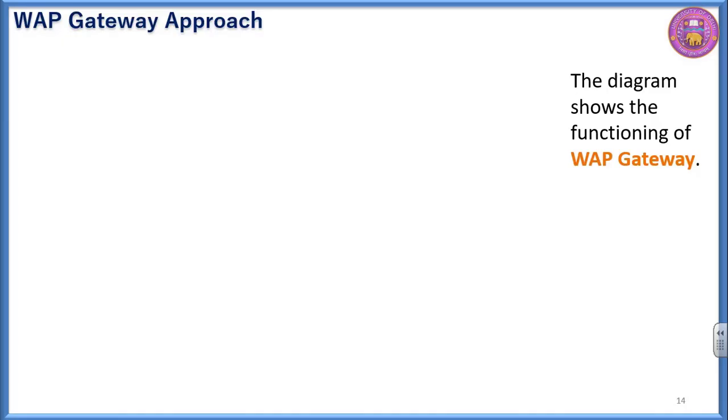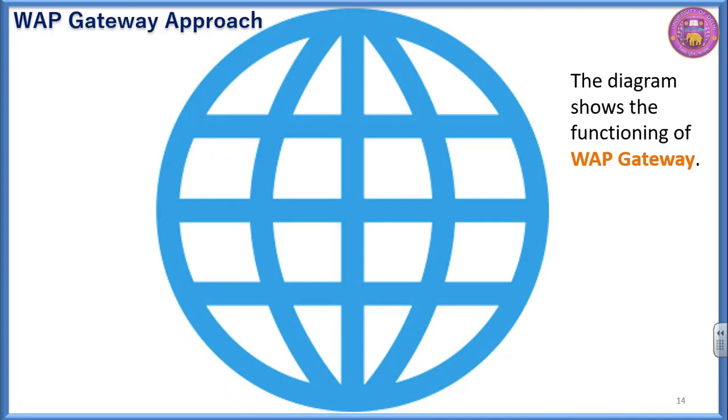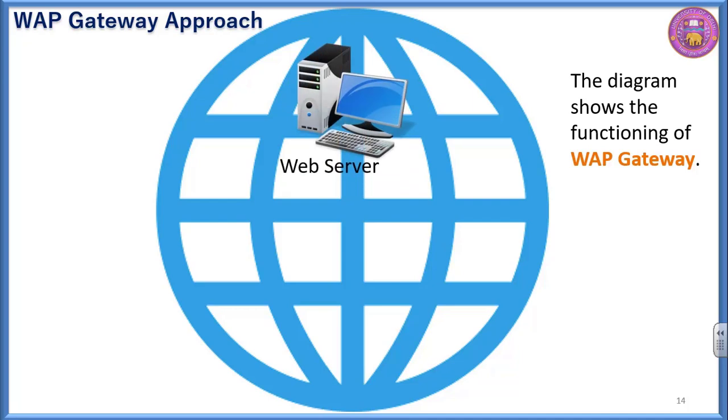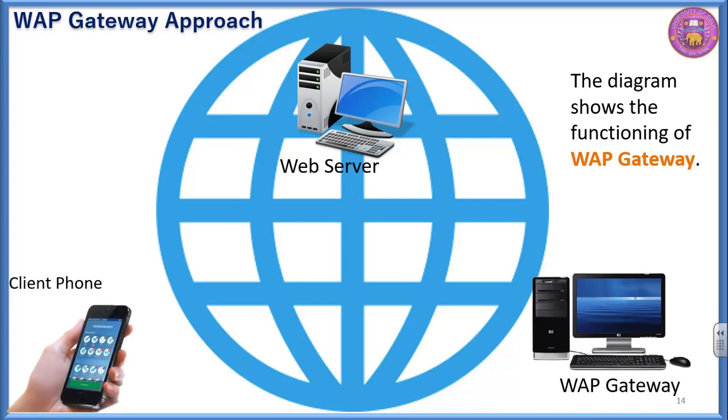Let us look at this particular example in the form of diagram. This diagram shows the functioning of WAP gateway. On the internet, a web server is connected, and we have another computer, that is WAP gateway. This is also connected to internet. On the other side, we have client phone. The client wants to have some information from web server.